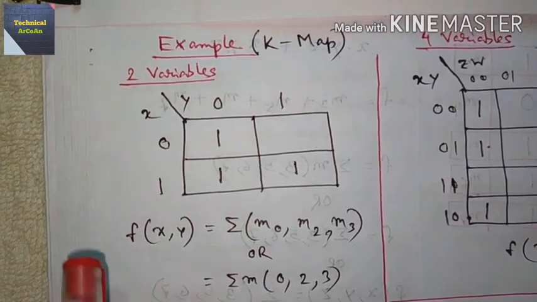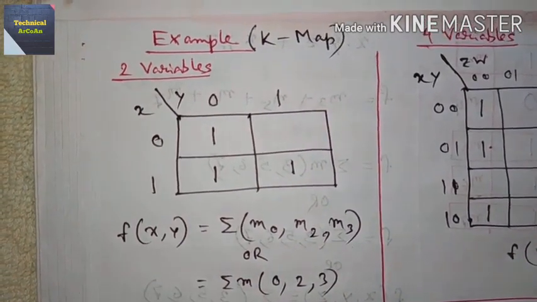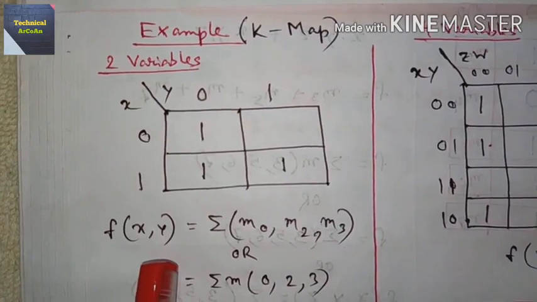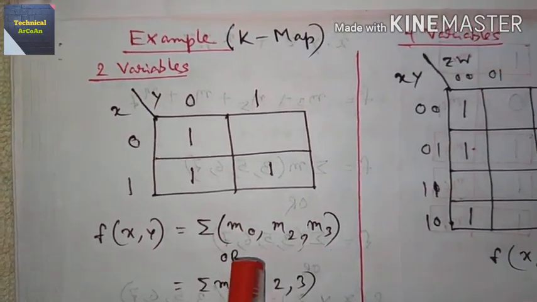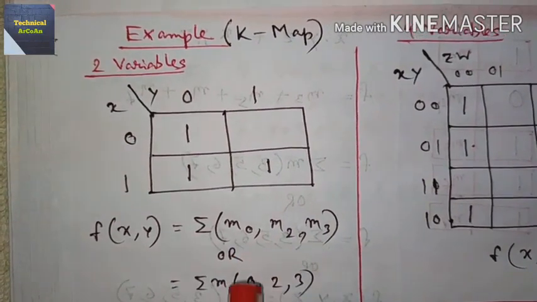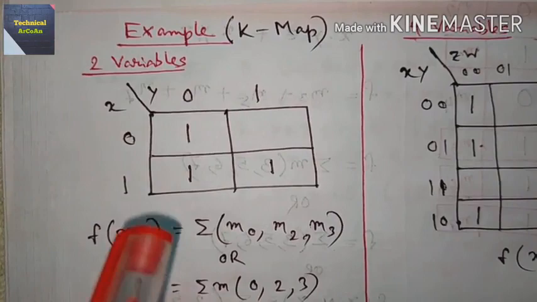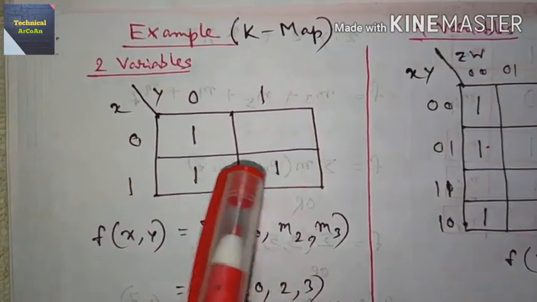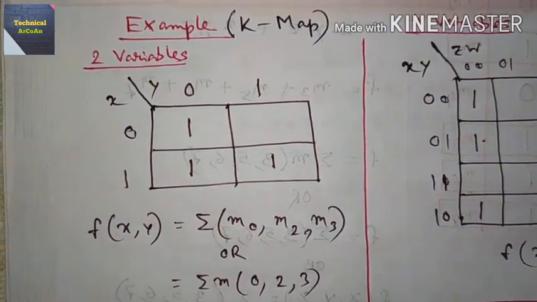Now an example is given for 2 variables, means how we put the values in a Karnaugh map for 2 variables. Suppose the function is given as f(x,y), and we define m0, m2, m3. What does that mean? Means the positions 0 to 3, or we can write it as summation m within brackets, 0 to 3. We already know for two variables, the positions are m0, m1, m2, m3. So the positions are 0, 2, 3, which means we are using Minterm.